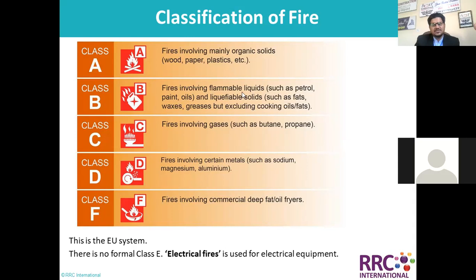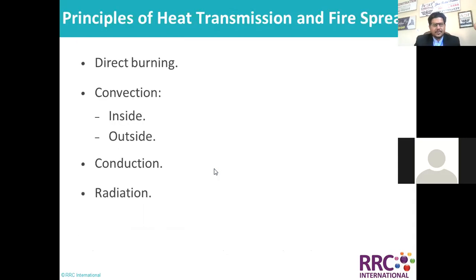Class B means flammable liquids, could be petrol, paint, oil, etc. Same way, fire involving gases such as butane or propane is class C. Class D is fire involving certain metals, could be sodium, magnesium, or even aluminum. And class F involves commercial deep fat fryers. This is as per the EU system, and there is no formal class E for electrical fires, used for electrical equipment.